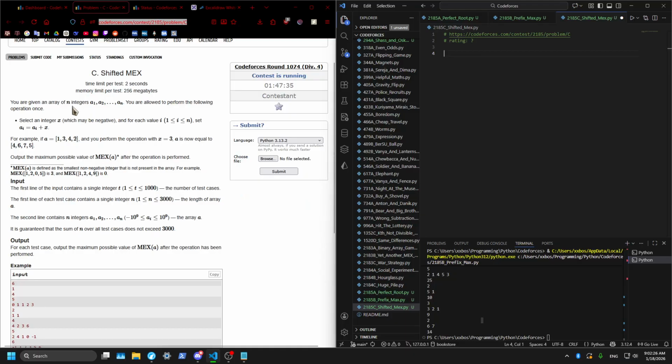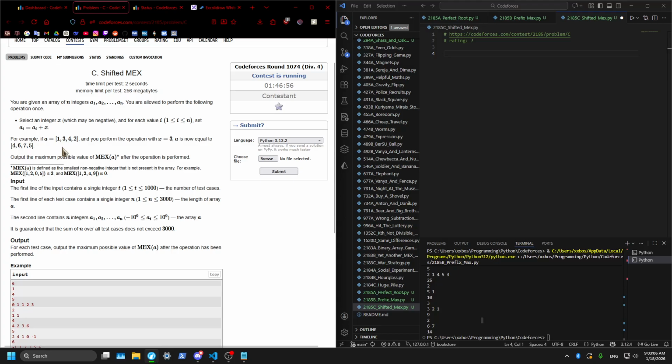You're given an array of integers. Following the operation once, select an integer x, which may be negative, and for each value, set ai equals ai plus x.